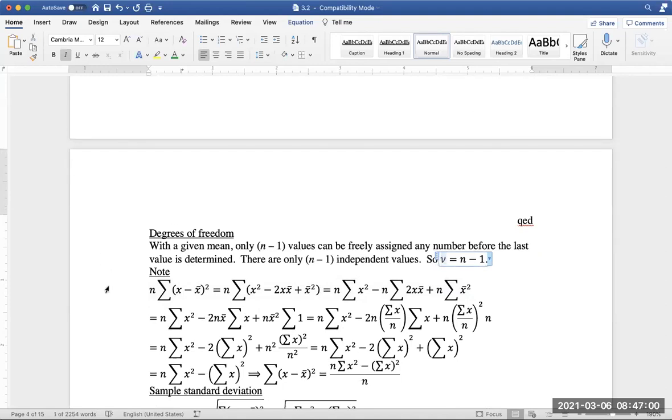So note, let's try to calculate n times the sum of x minus the mean quantity squared. Remember, we're going to be looking at the sum of the squared deviations from the mean. So maybe I want to simplify this first.